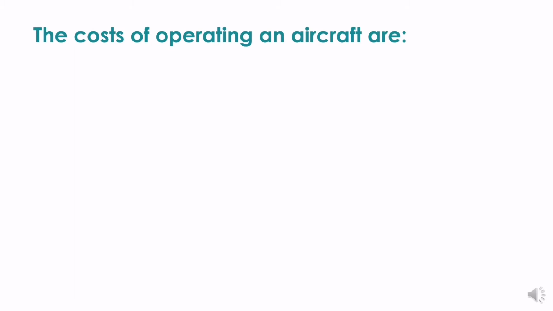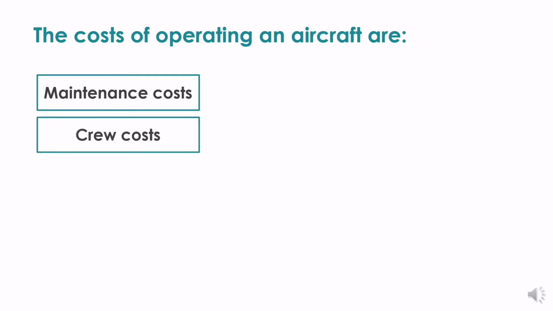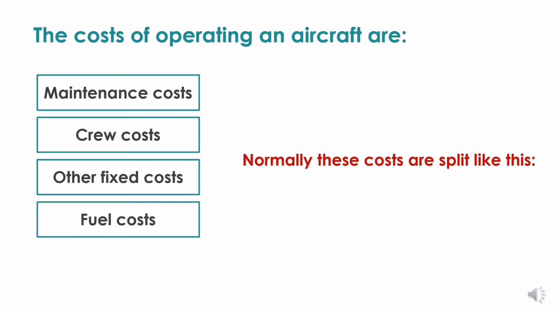The costs of operating an aircraft are maintenance costs, crew costs, other fixed costs, and fuel costs. Normally, these costs are split like this.